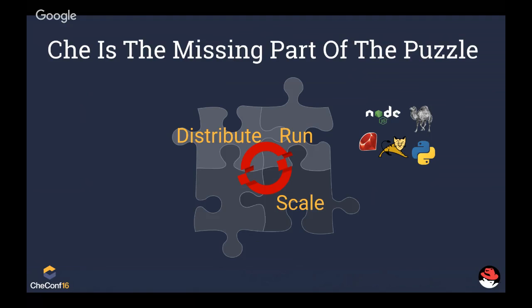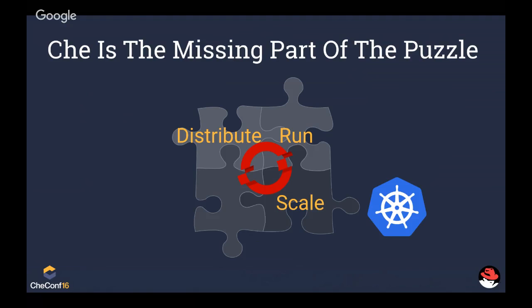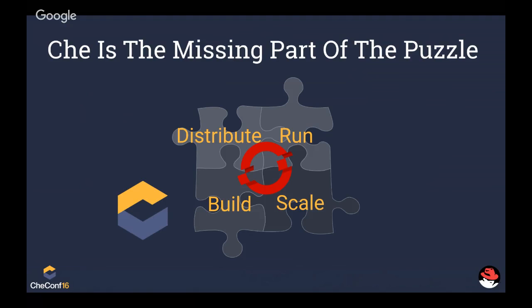We can run them using the provided application frameworks or runtimes, or with new customized frameworks or runtimes, and we can scale applications using Kubernetes. The last part of the puzzle is that with Che we can build applications within OpenShift. So not only can we distribute, run, and scale the application, but we can also build it inside OpenShift.